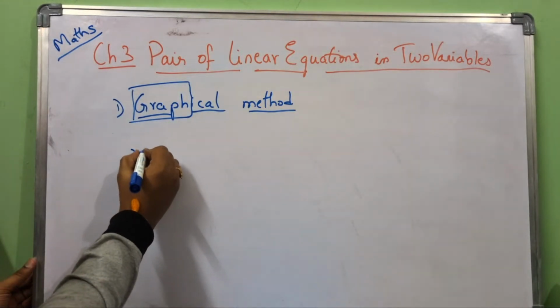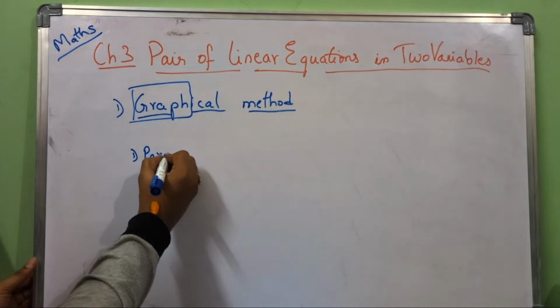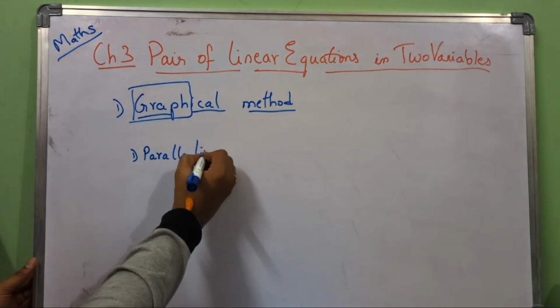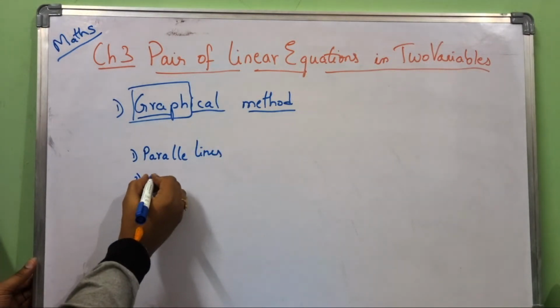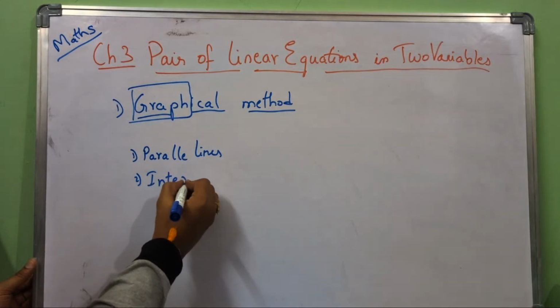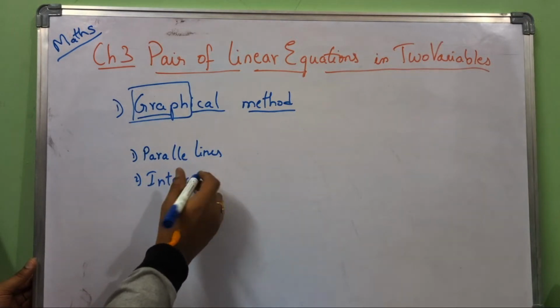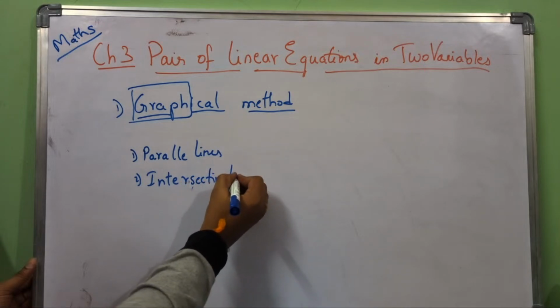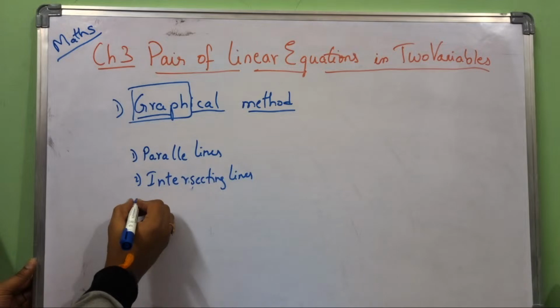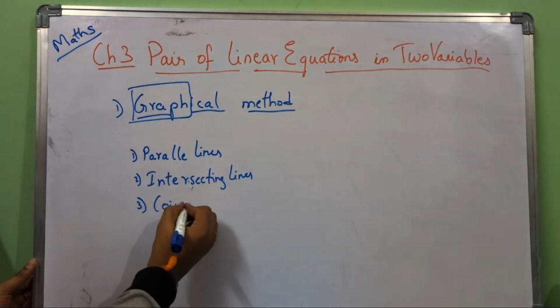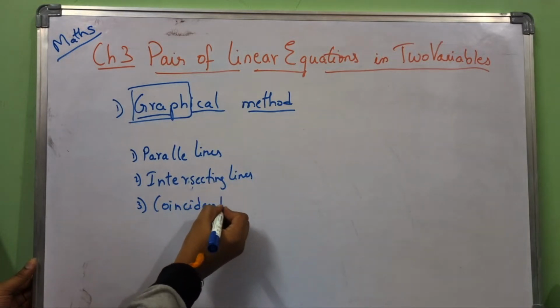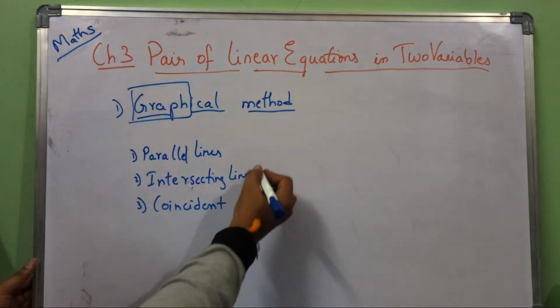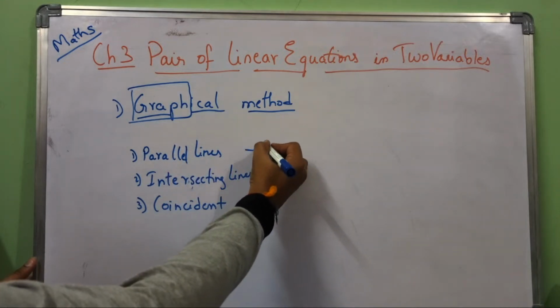The first condition is parallel lines. The second condition is intersecting lines. The third one is coincident lines. If 2 lines are parallel, then we say that we have no solution.